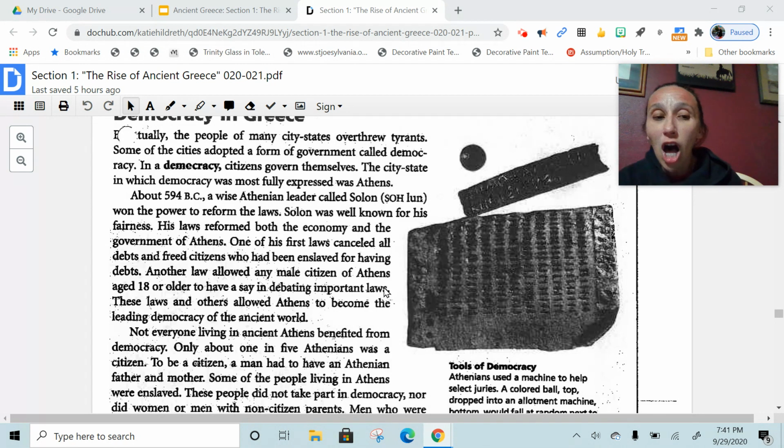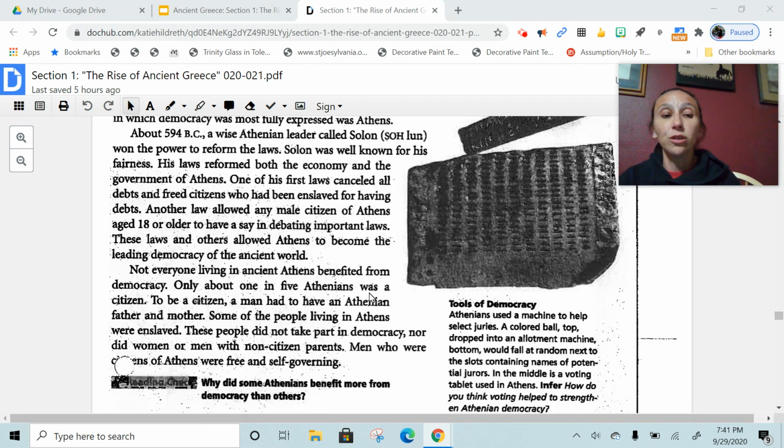One of his first laws canceled all debts and freed citizens who had been enslaved for having debts. Another law allowed any male citizen of Athens aged 18 or older to have a say in debating important laws. Sounds kind of familiar, doesn't it? These laws and others allowed Athens to become a leading democracy in the ancient world.